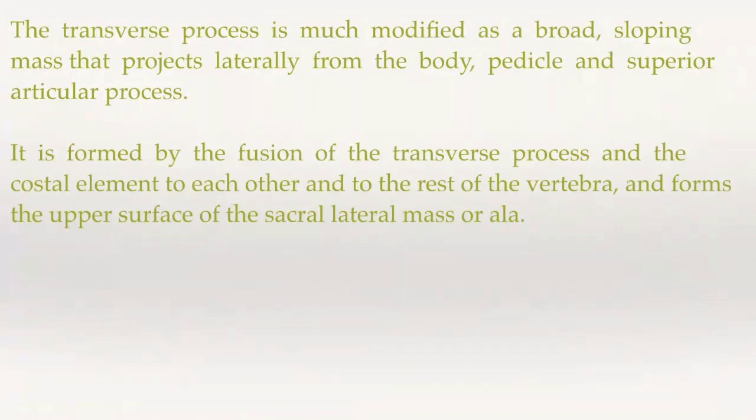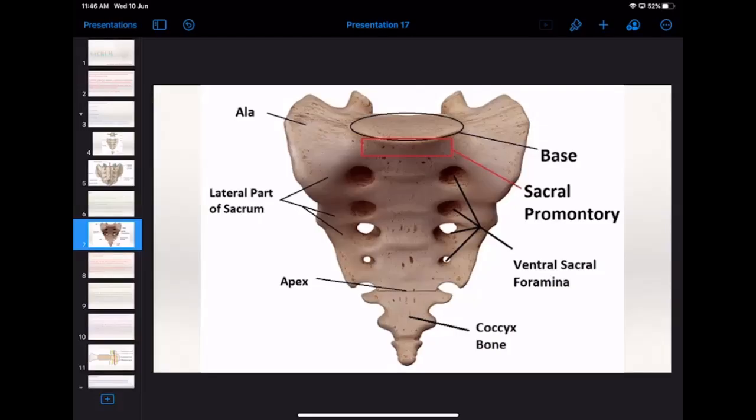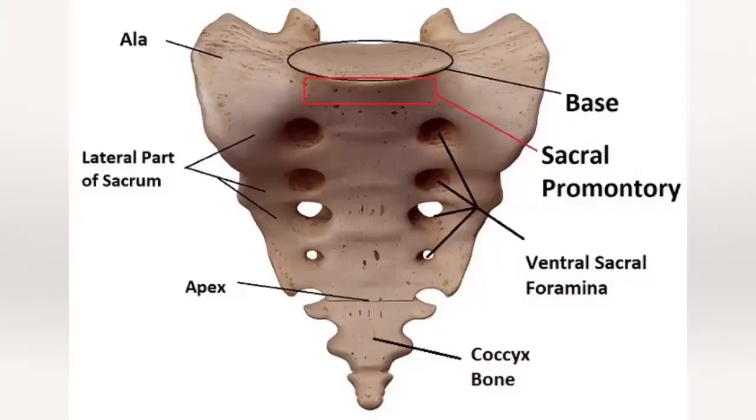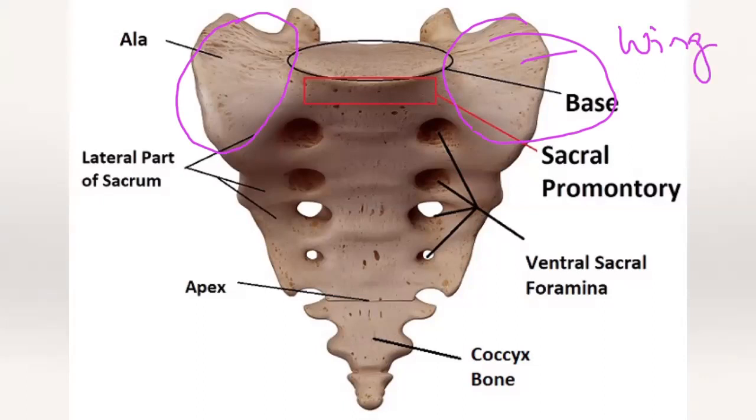We'll see that. You see, this is the ala, right? Ala means wing. So these are the transverse processes, TVP, okay, fusion of the transverse process along with their costal element.